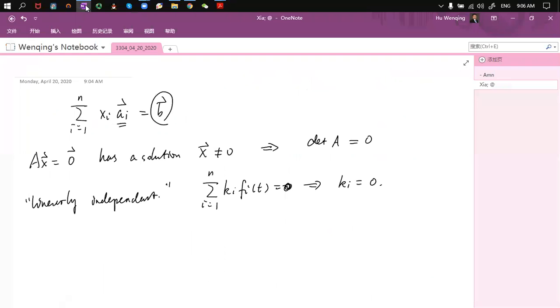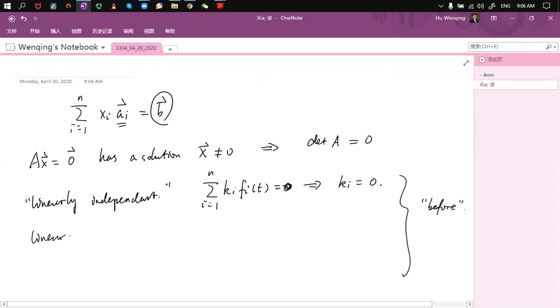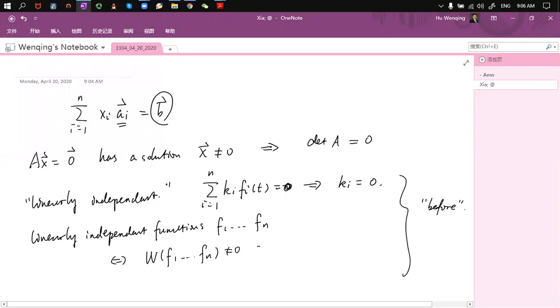Let us recall what we have been learning before: the functions f1 up to fn being linearly independent is the same thing as saying the Wronskian of the functions f1 up to fn is non-zero.